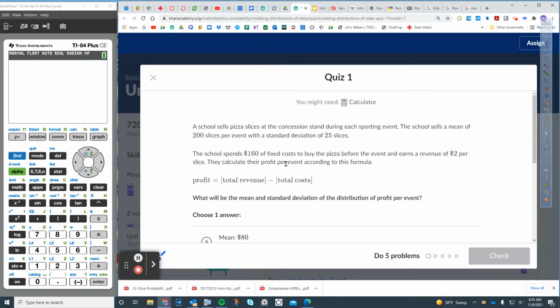They calculate their profit per event according to this formula: total revenue minus total cost is the profit. What will be the mean and standard deviation of the distribution of profit per event? They're asking you to find the mean.